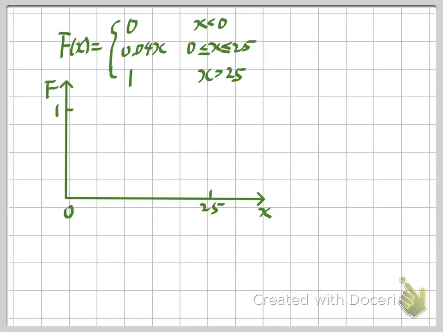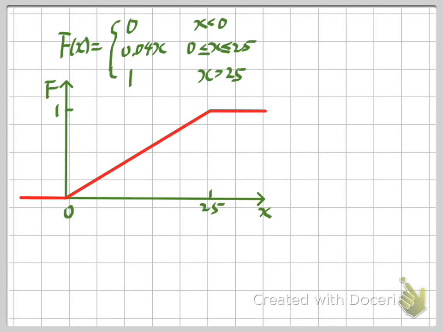Then the graph of our CDF should look like this: when x is smaller than 0, the function is equal to 0. When x is larger than 25, the function value is equal to 1. And when x is between 0 and 25, this should be an increasing line, looking like this.